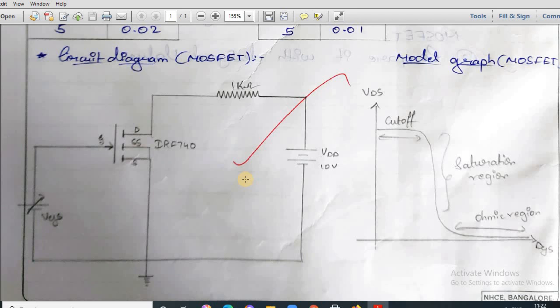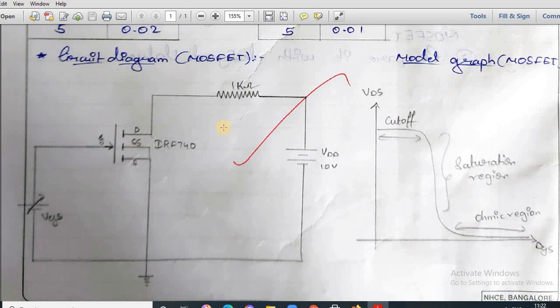When we consider the ohmic or the linear region, this is the region where the current IDS, the drain to source current, increases with an increase in the value of the drain to source voltage, that is VDS. When MOSFETs are made to operate in the ohmic region, they can be used as amplifiers.